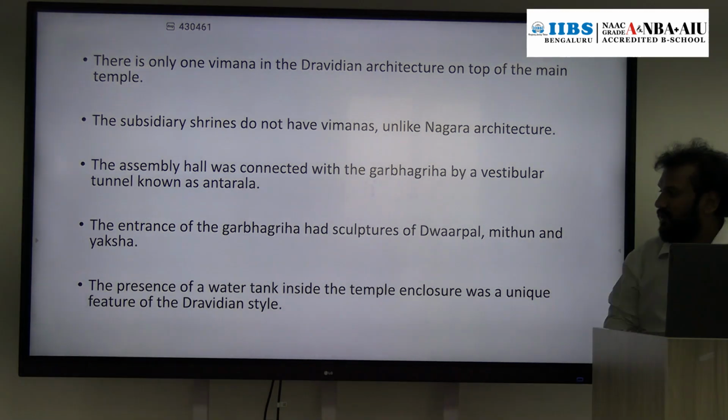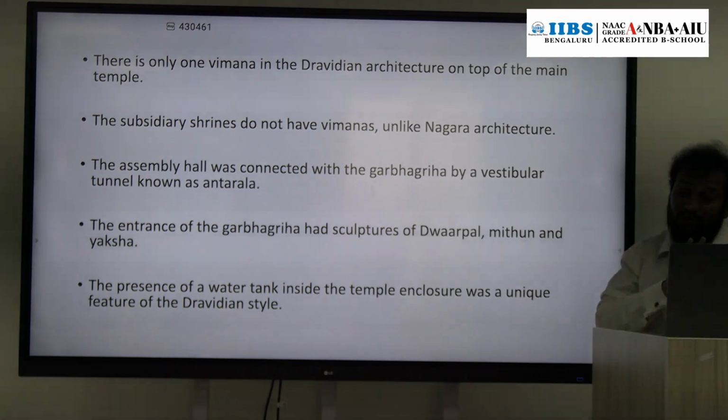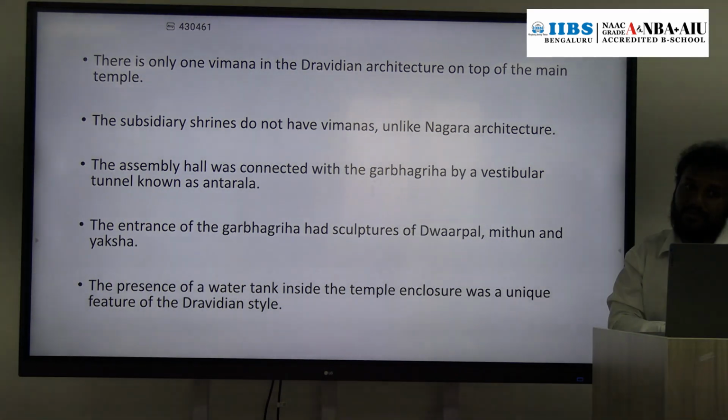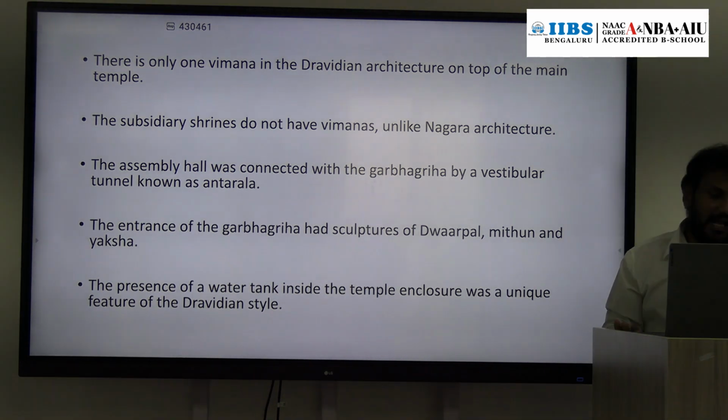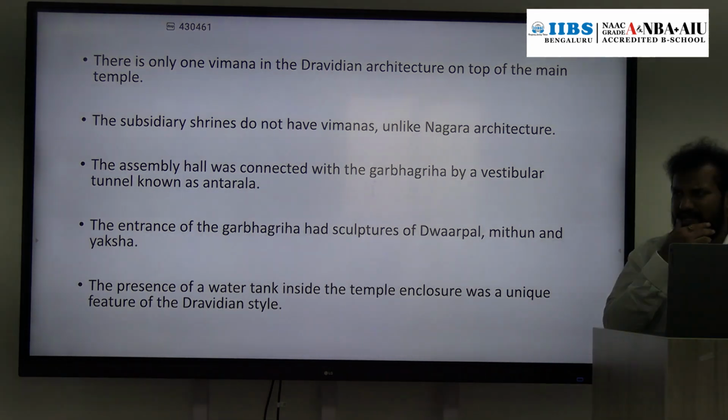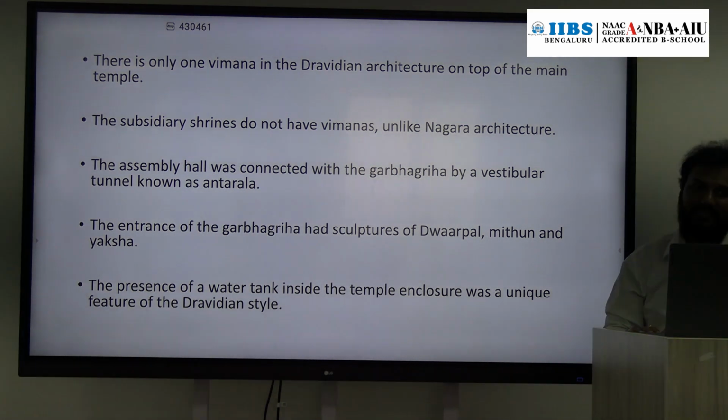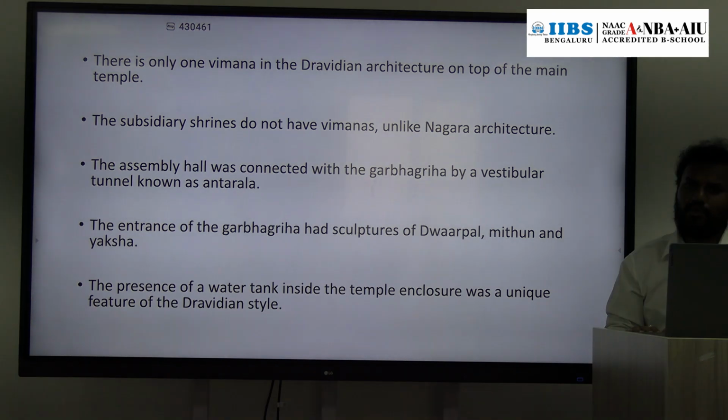Another unique feature of the Dravidian school of architecture is the presence of a water reservoir or water tank inside the temple. We call it Kalyani in Kannada, and Kundam in Telugu.